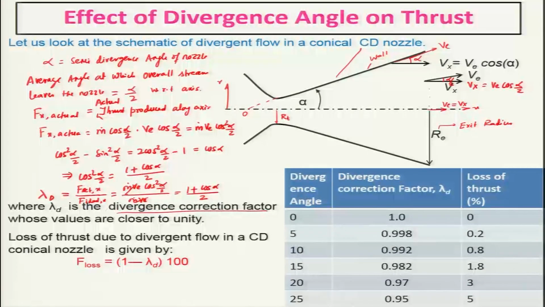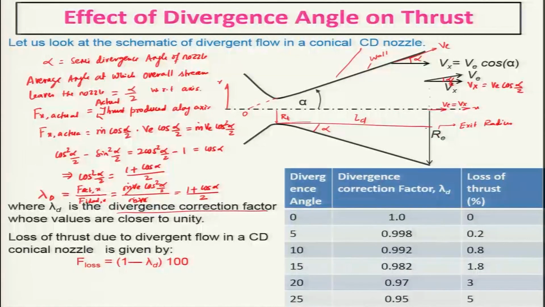And always if you want to go for a smaller divergence angle, naturally the length of the nozzle will be very, very high. Let us derive the length of the divergent portion of the nozzle. This is the length LD and this is your angle alpha.